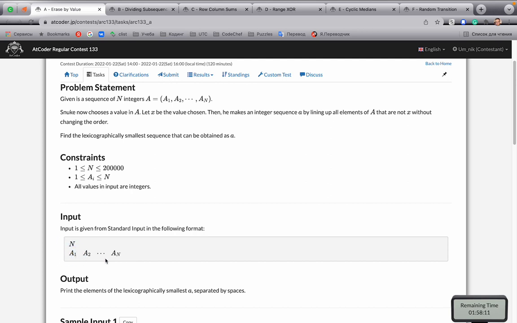We can compare them, and if after the deletion the element becomes smaller, then this is the way to do it. Otherwise, we can't delete the first element, and we have to proceed in the same way further.